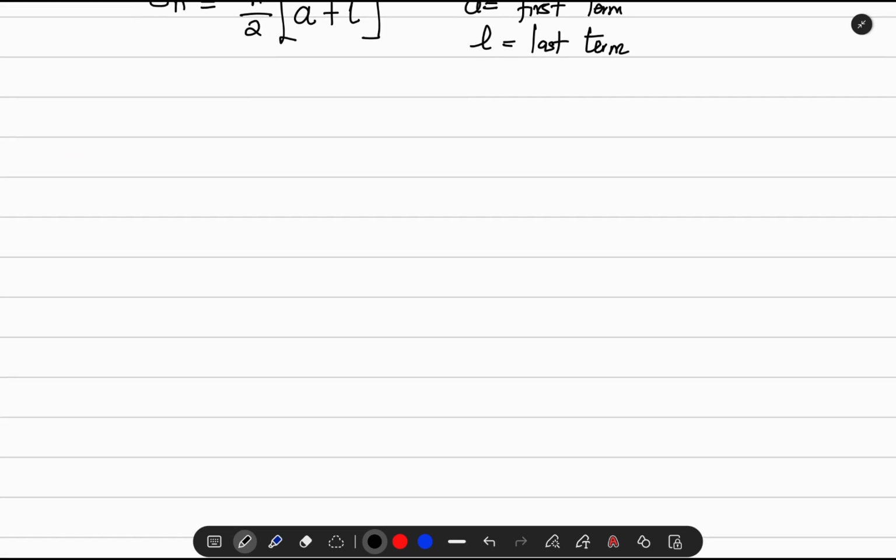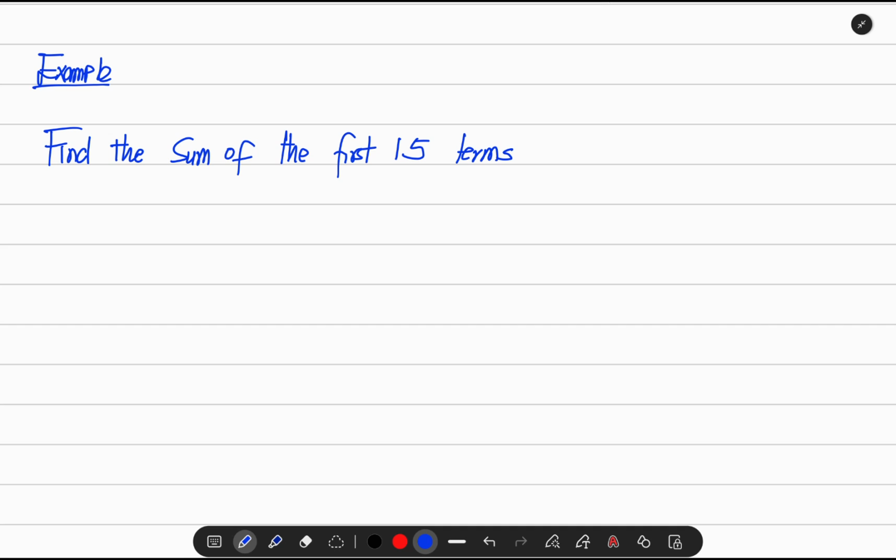So let's look at an example. Find the sum of the first 15 terms of 2, 5, 8.